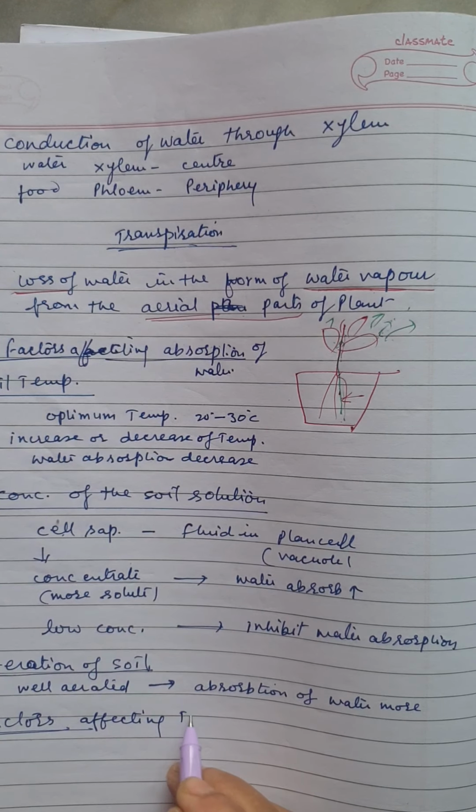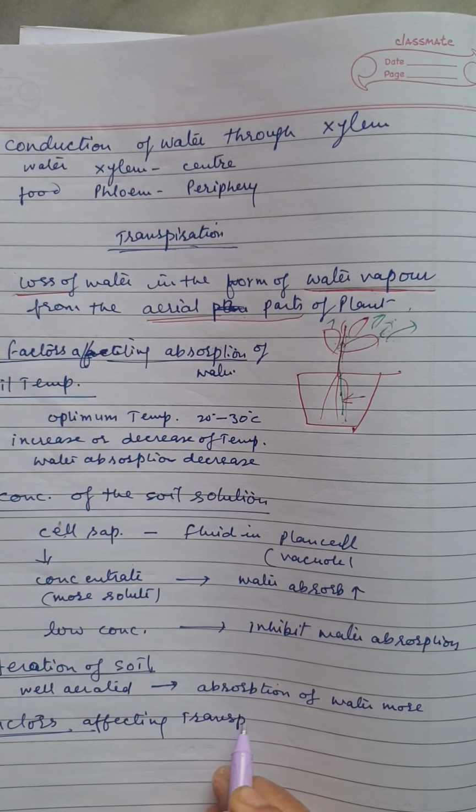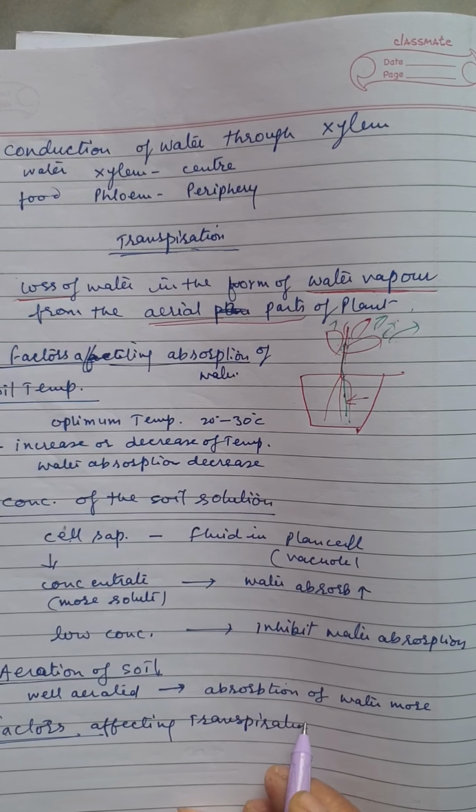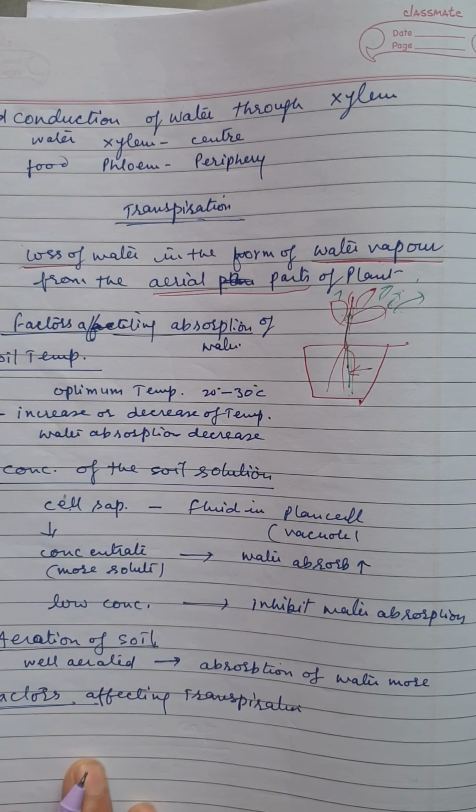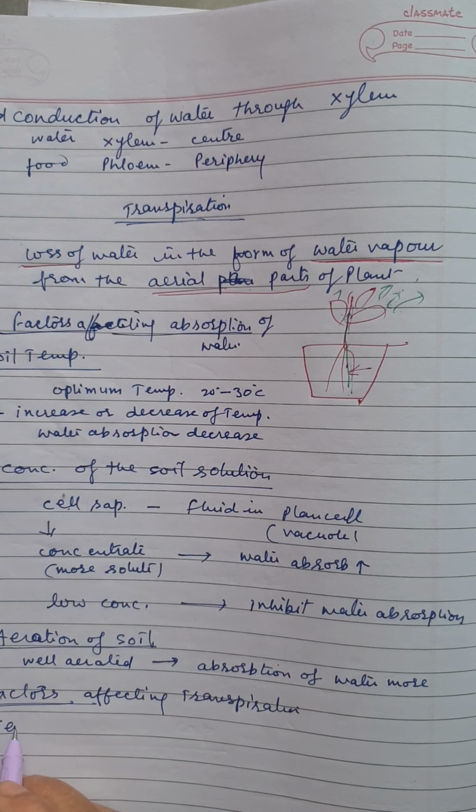In what condition is transpiration more or less? So, the factors affecting transpiration, number 1, temperature.